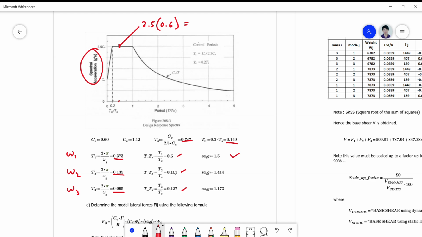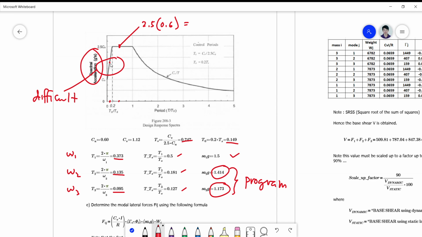And then 0.181, somewhere here, in the middle here, and then 0.127. It's difficult to get in the graph. So you have to use a program. So I use a program which I will show later so you can see how I got 1.414 and 1.173. Okay? You can approximate it here.